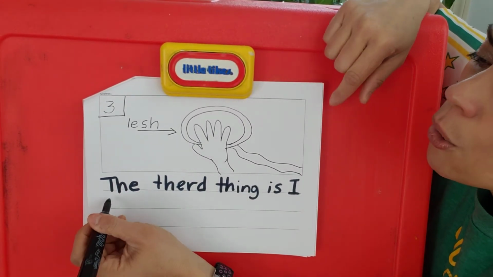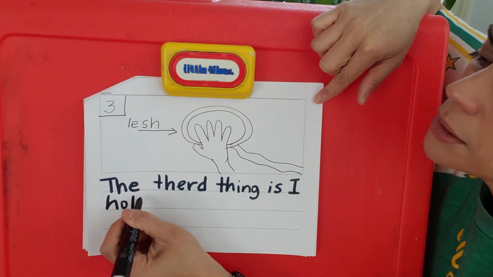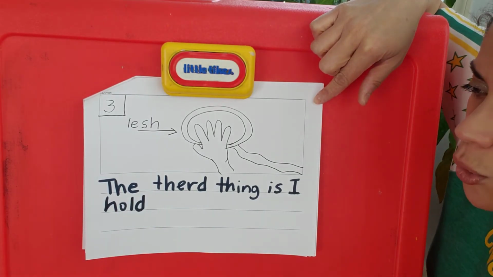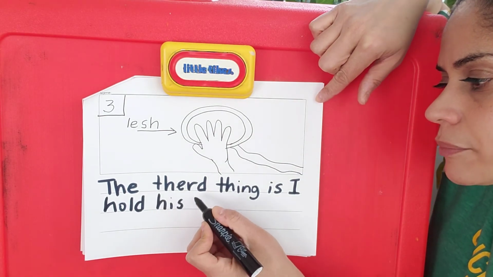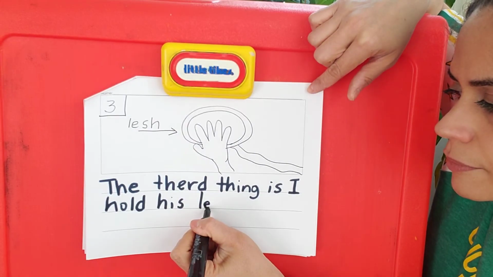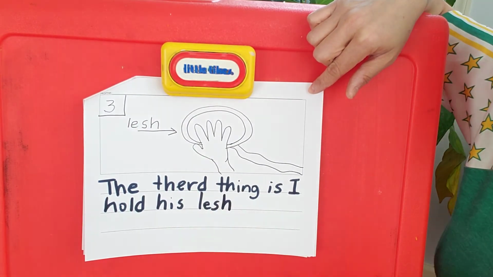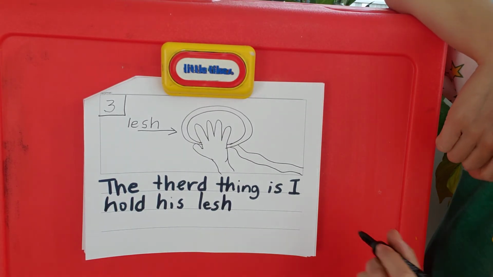Hold. I hold his, I know that word from before. Leash, I have it up there. Now tightly, that's a really hard word. I know it starts with a t.